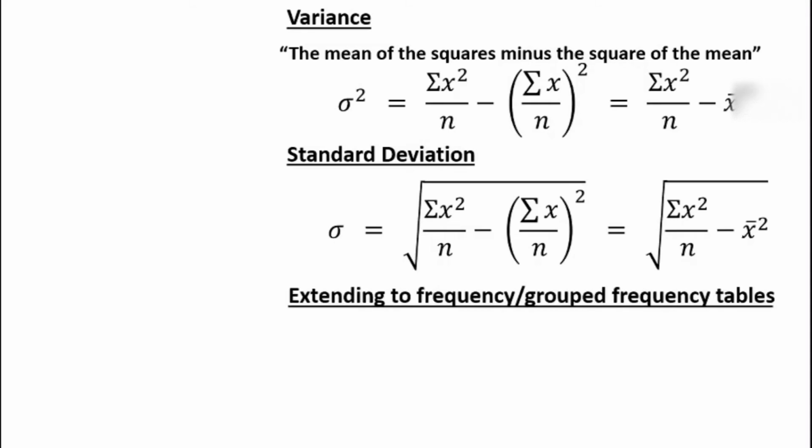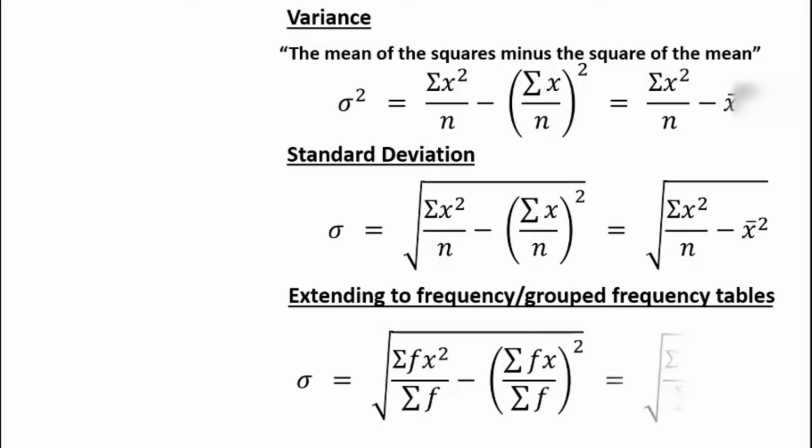This extends to frequency and grouped frequency tables, where we have the sum of fx rather than just the sum of x. We have the sum of f rather than just n, but the sum of the frequencies was always going to be the number of data points involved. And also we have the sum of fx squared, which is equivalent to the sum of x squared.